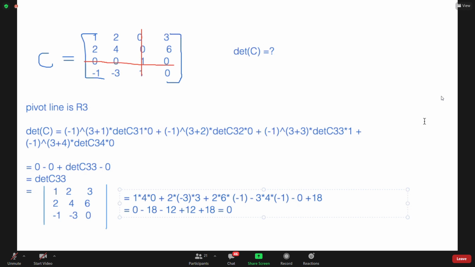So the -0 and plus 18 at the end. This -0 and plus 18 come from, let me see.